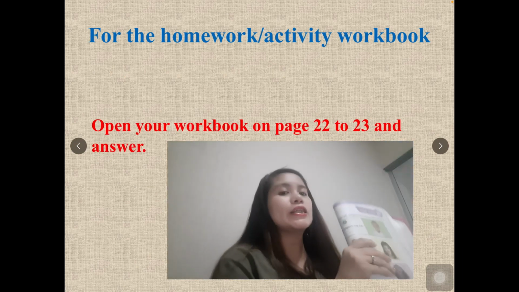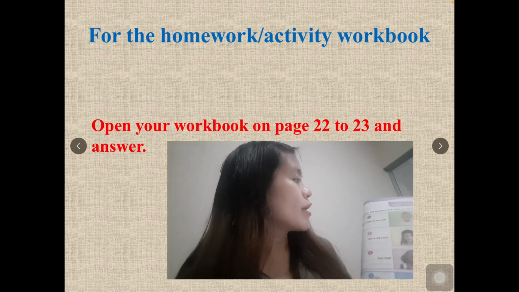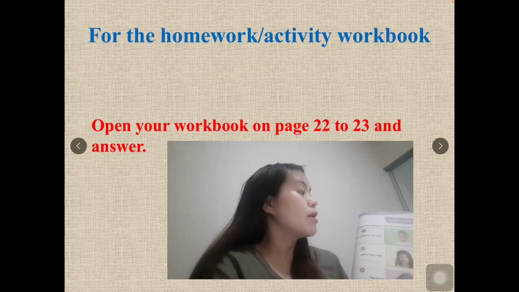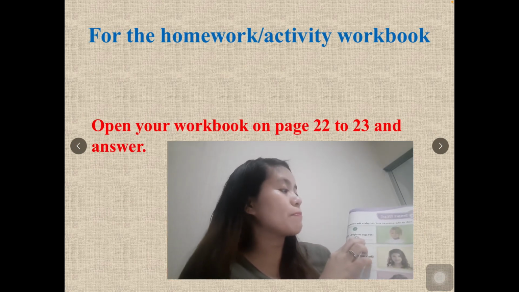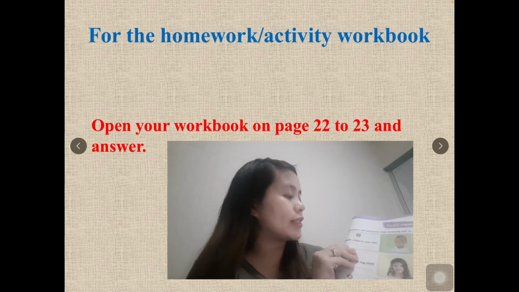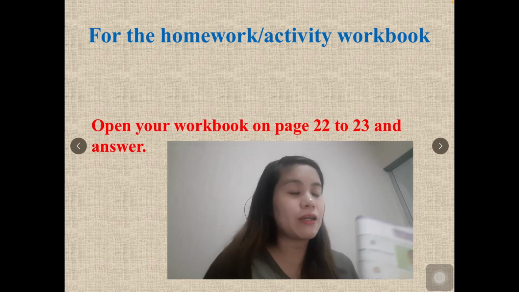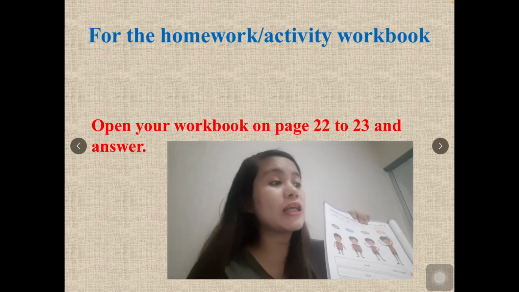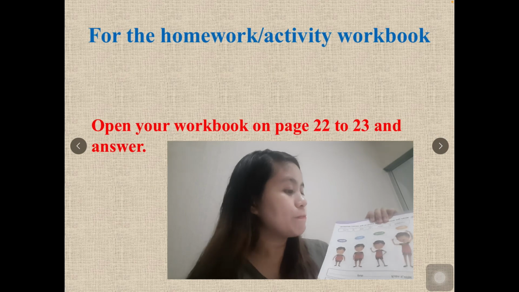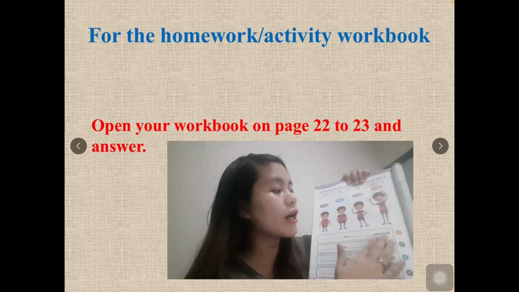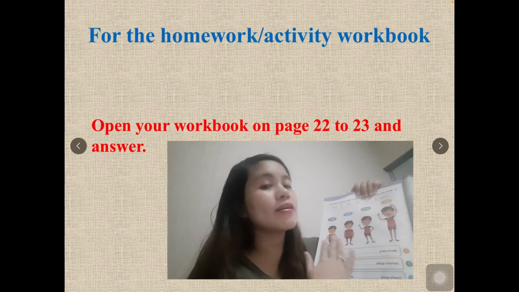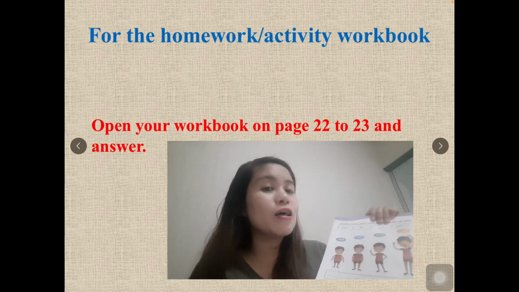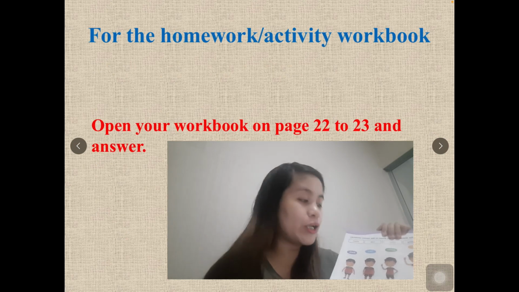You are going to complete the sentences. Look at the pictures and complete the sentences. It's about describing. Also here for the whole body, on page 23, you are going to describe using their appearance: chubby, slim, tall, and short.